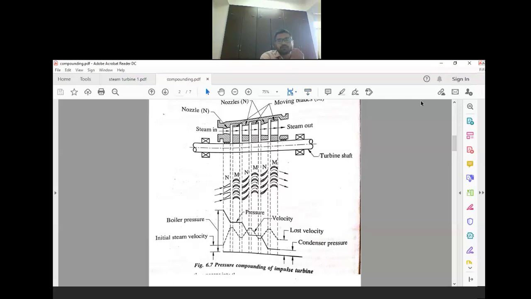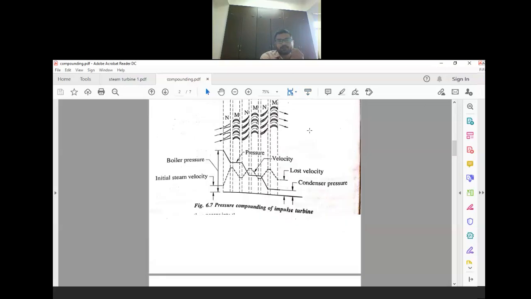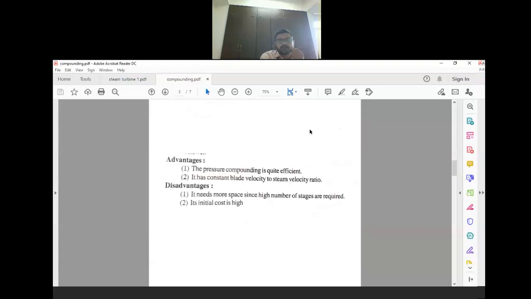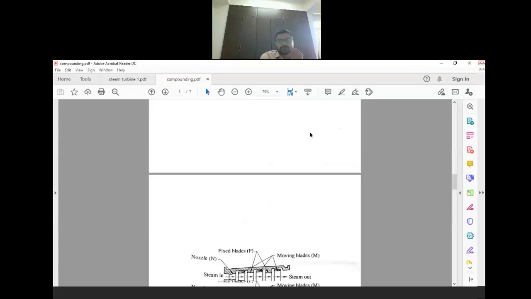Clear? So this is basically known as pressure compounding. Pressure compounding is efficient, but its initial cost will be higher. Clear? And the space required is also more.